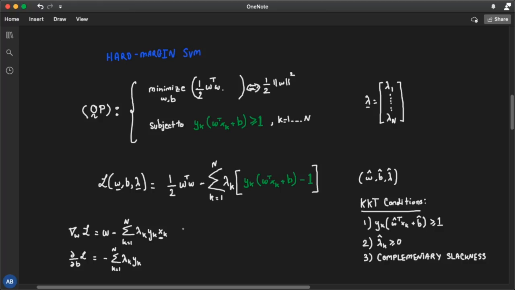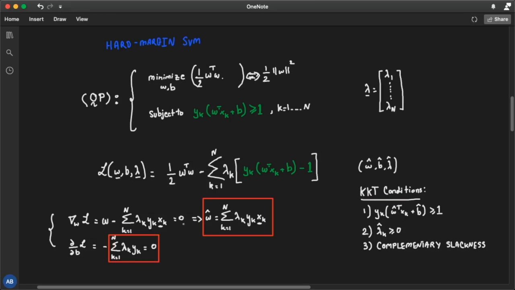So if I set both terms to 0 to obtain the stationary point, from the first order condition, the first equation, we get that my solution of W takes the form of this guy over here. So I have W hat, that is this guy. I know my x's and y's, they're the given training set, right? But I don't know the lambdas.